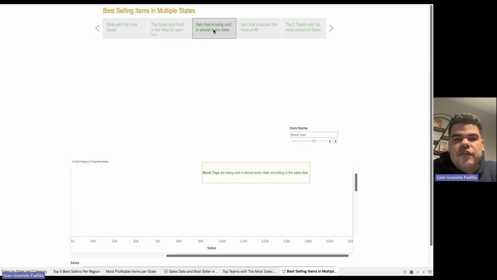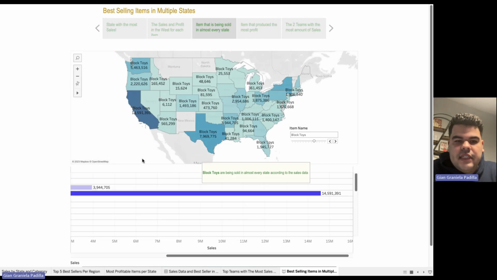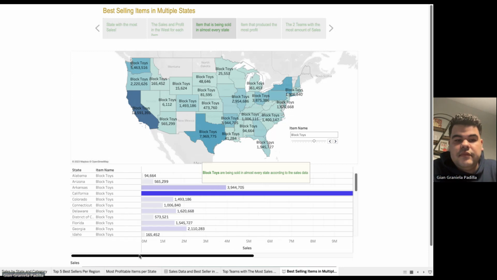And yeah, so for the next one, I decided to take a look at the block toys as an example. It's an item that is being sold in all the states, and for this one, right down there, you can see how much of it is being sold, and you can also see it on the map.